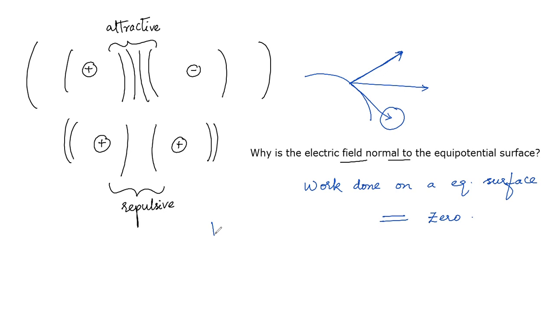V is equal to W by Q, where V is nothing but V1 minus V2. But since V1 is equal to V2, W has to be 0. But in this case, W is not 0 if the electric field is inclined at a particular angle. So it cannot happen. Work cannot be anything other than 0. Therefore, the electric field has to be normal to any point on the equipotential surface. Is that clear to all of us? Just give me a yes in the chat box, please. Do you understand the concept?